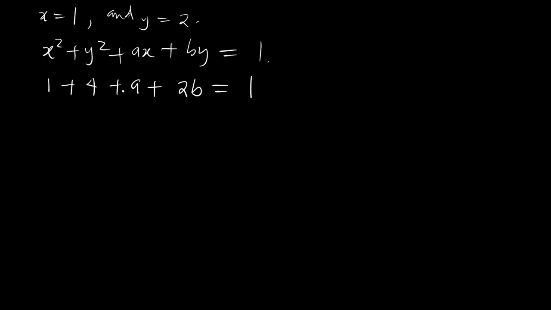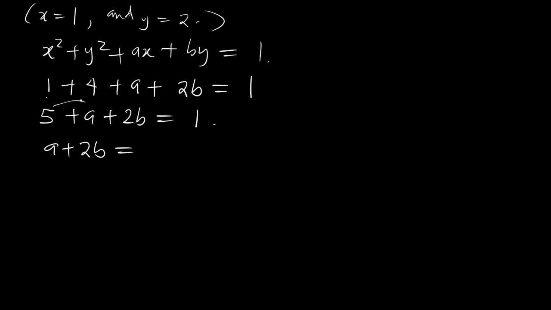So 5 plus a plus 2b equals 1. Moving this to the other side, a plus 2b equals 1 minus 5, which gives minus 4. So a plus 2b equals minus 4. This is equation 2.